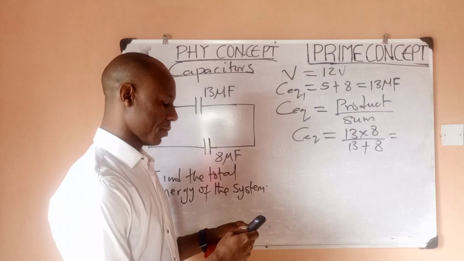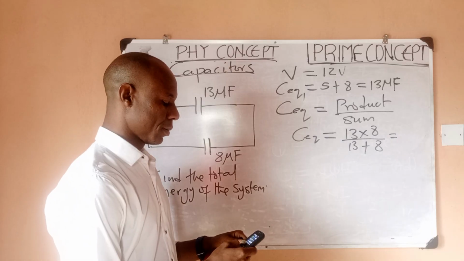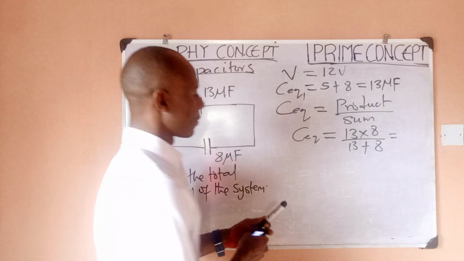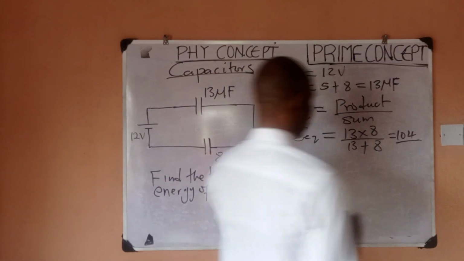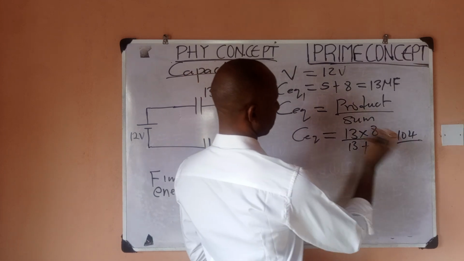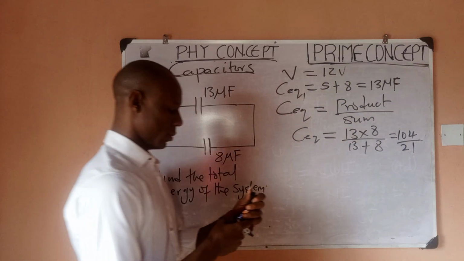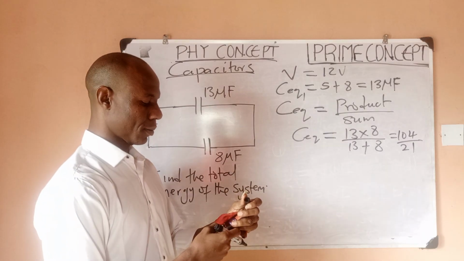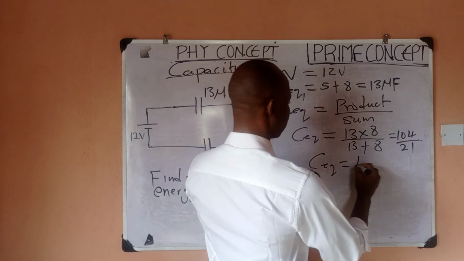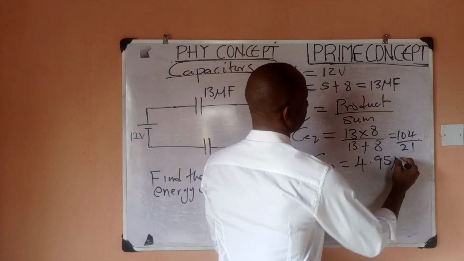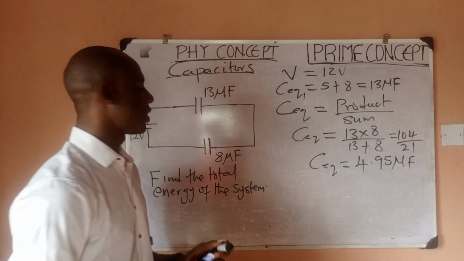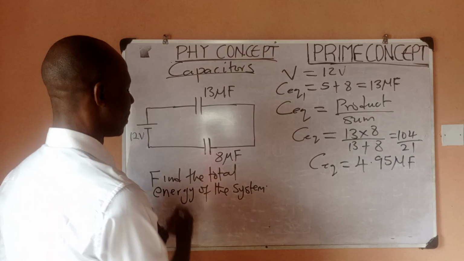We have 104 divided by 21. So our equivalent capacitance is actually 4.95 microfarad.